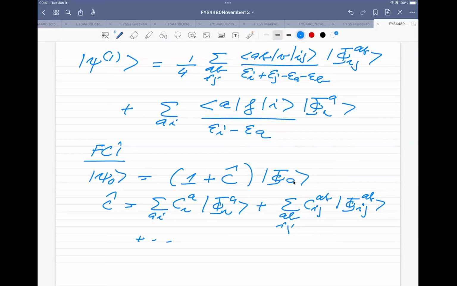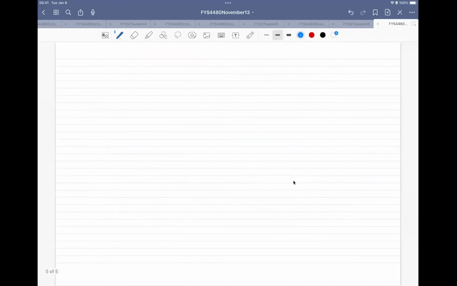Okay, so let's look at this diagrammatically, because we can also present this diagrammatically. And what you would do then, since we now have created an intermediate state here, which is a two-particle, two-hole state, but then we have this interaction element, the way you can think of this is as follows.